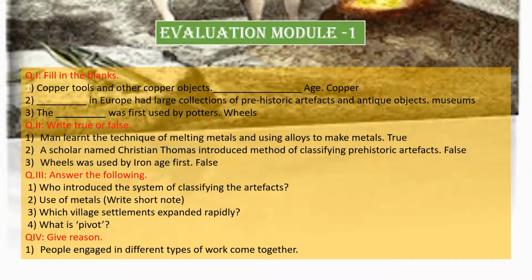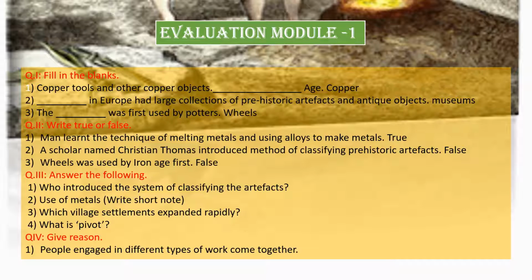Second, use of metals. Write a short note on it. Answer: Before metals were discovered, ancient man made tools and implements using microliths. In comparison to metal, stone tools were not so strong and durable. Therefore, men preferred metal.